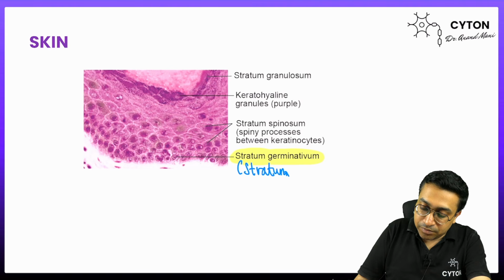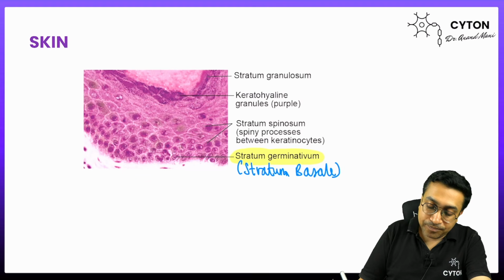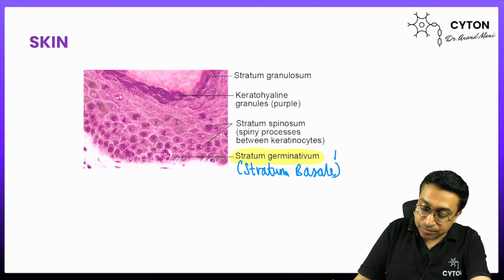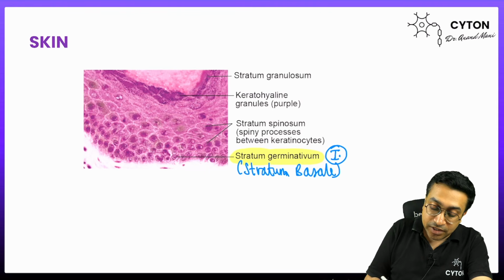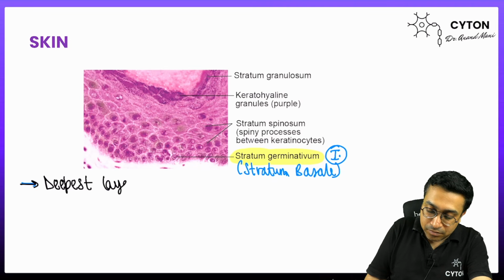Stratum basale, okay. So this is the first layer which we are talking about, okay. So this stratum basale, as you might be understanding, is the deepest layer. This is point number one, that it is the deepest layer.